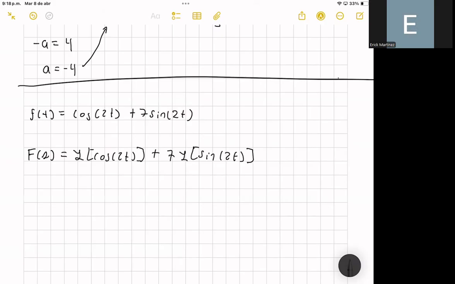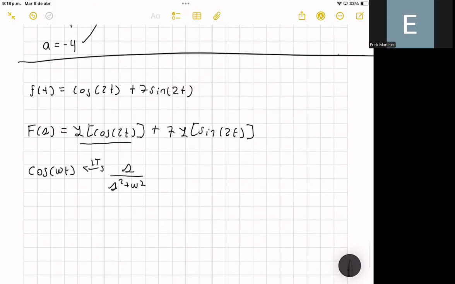For example, I need to look at the Laplace transform of a cosine function. The good thing is that for a cosine function of this form, the Laplace transform is equal to s divided by s squared plus omega squared. If we apply the Laplace transform to this part using this expression, we need to identify the value of omega.